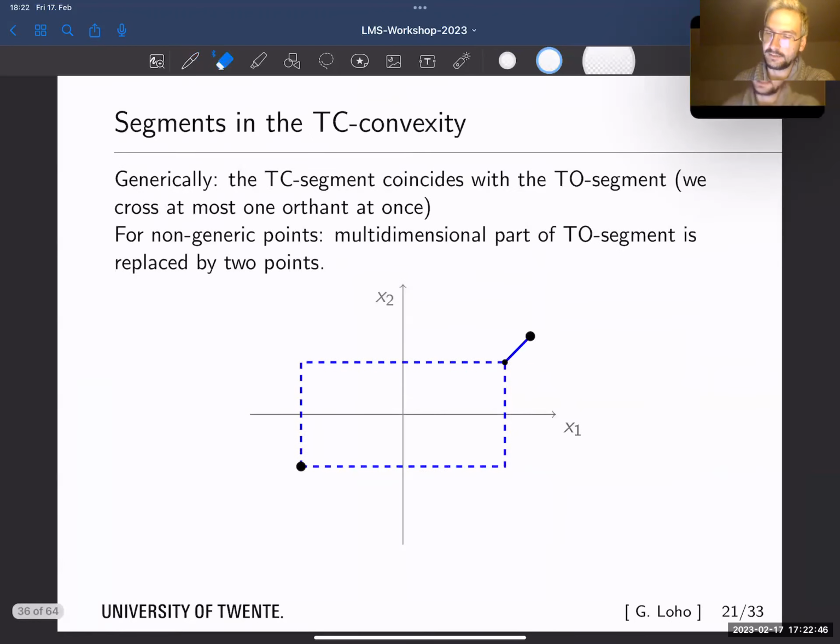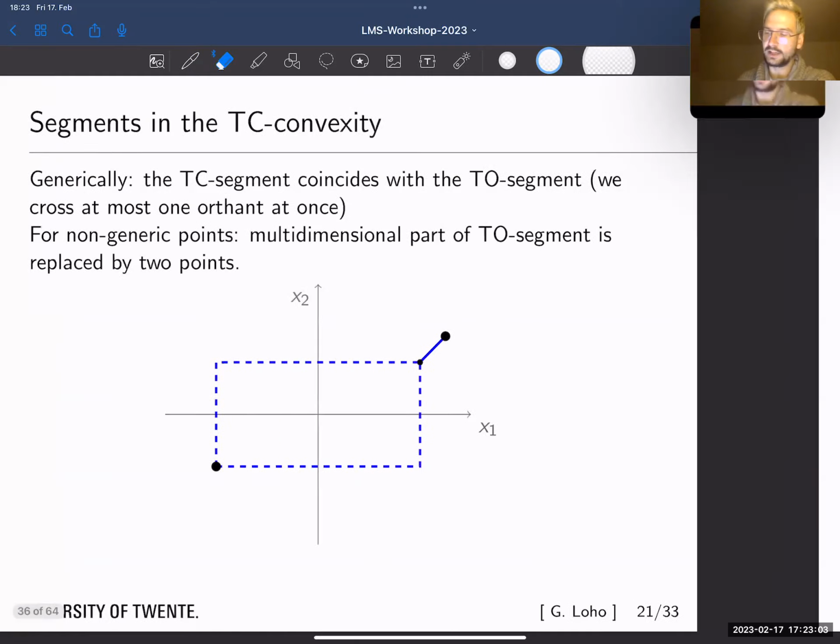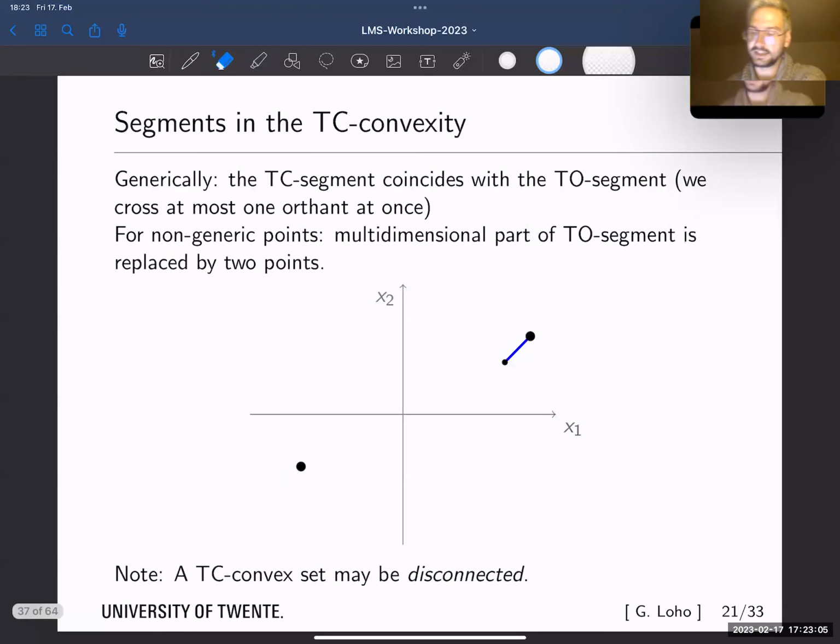But now for the non-generic situation, we do not get this blown up part, but something on the contrary happens. This just vanishes. So we really only get this set as TC convex hull in the non-generic case.